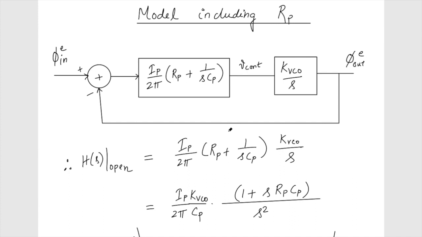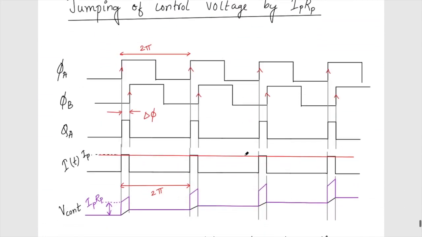Just replace this term with Rp in series with 1 by sCp, and this whole thing in parallel with C2. If we replace this term, we can get the whole transfer function.